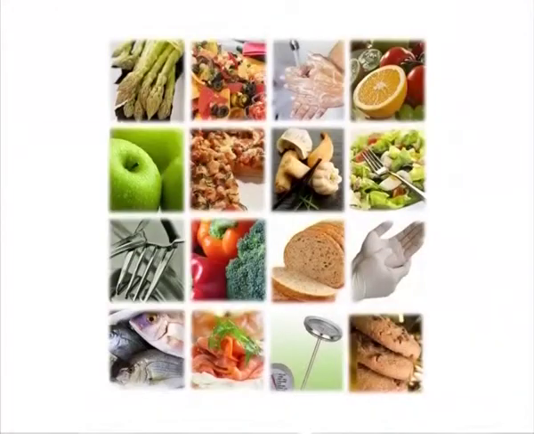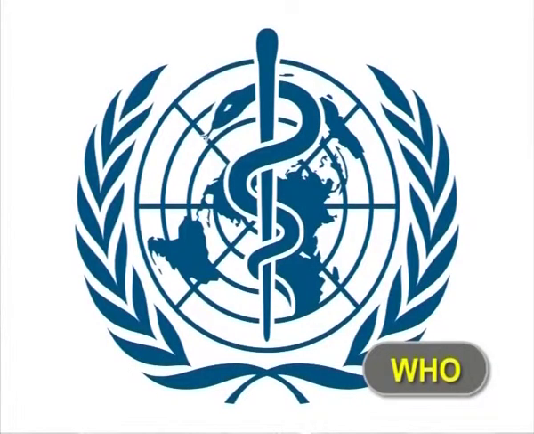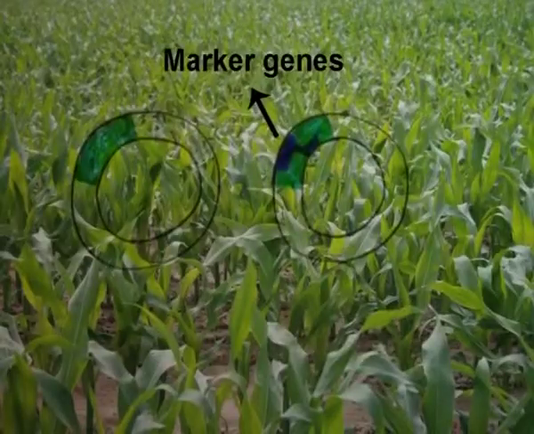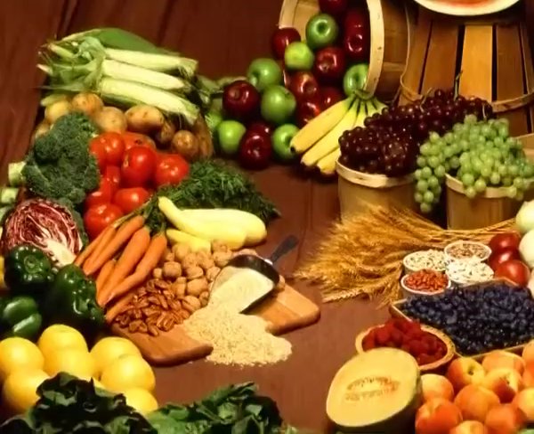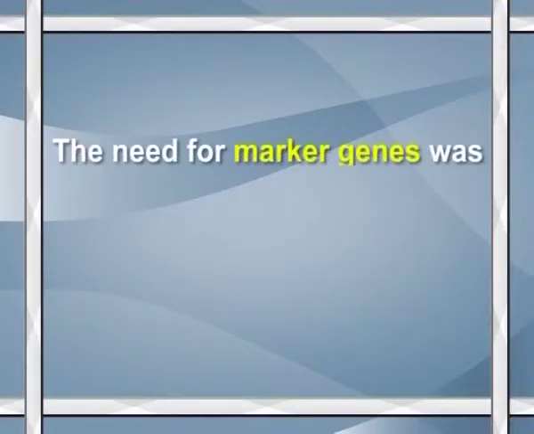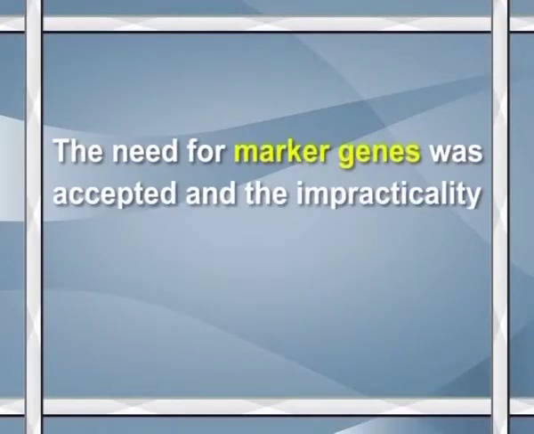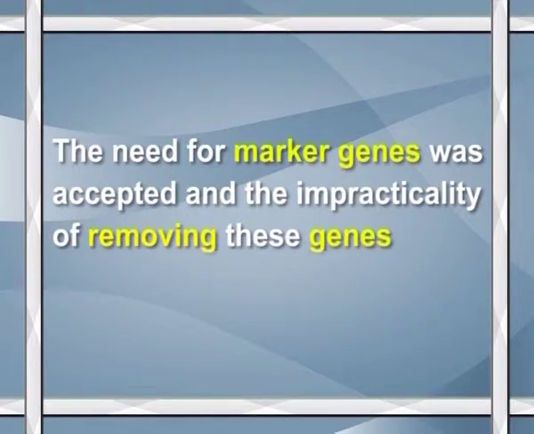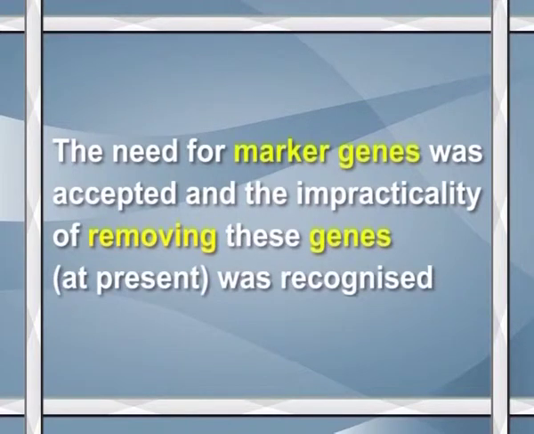The Food Safety Unit of the World Health Organization and a working party has looked specifically at the safety issues associated with marker genes in plants that are to be consumed as foods. The need for marker genes was accepted and the impracticability of removing these genes at present was recognized.